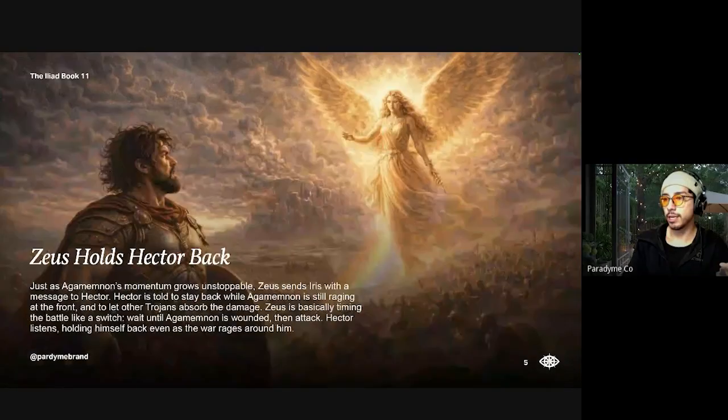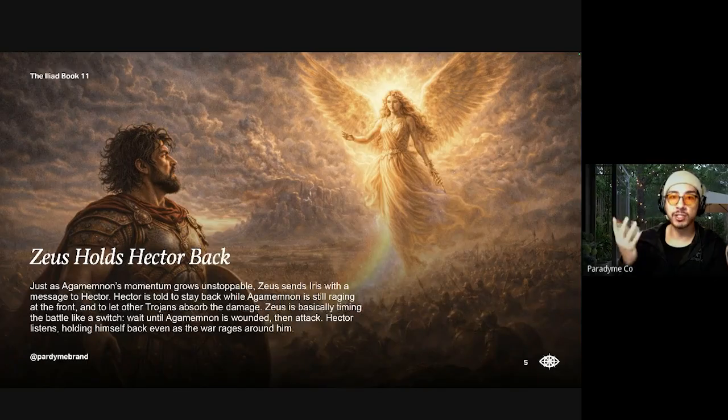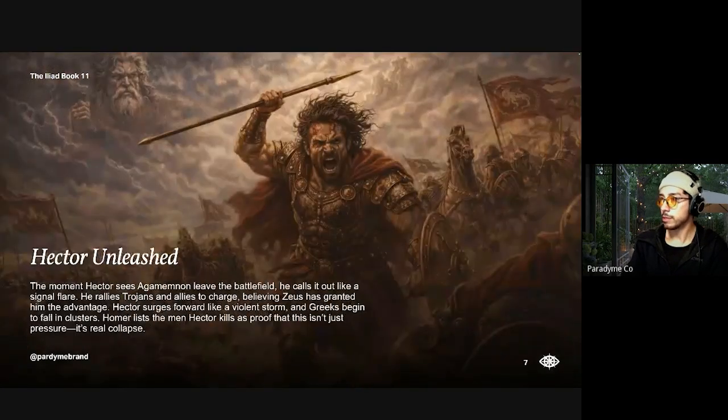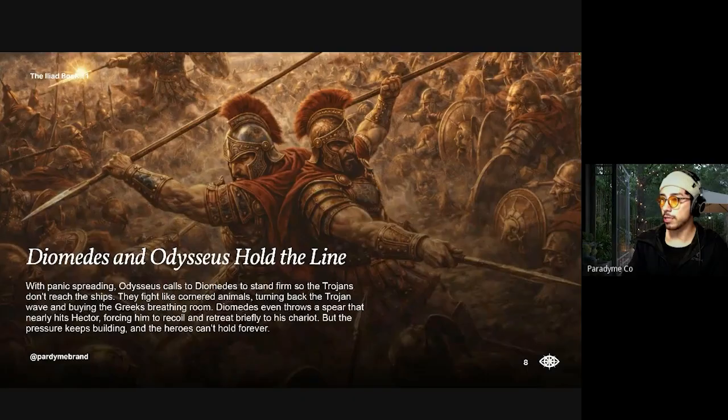So I imagined Hector looking more royal and without a helmet on. Stuff like that, just getting a little bit more specific with the visuals. That's the main one.